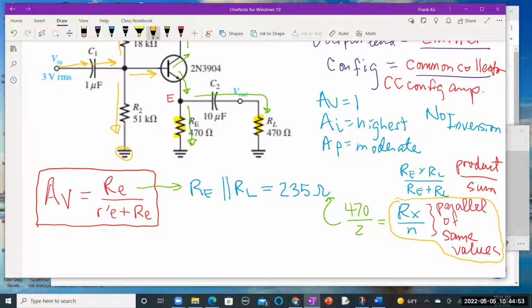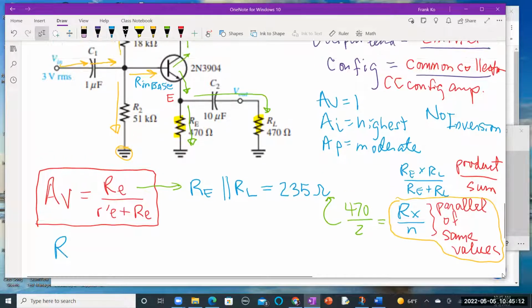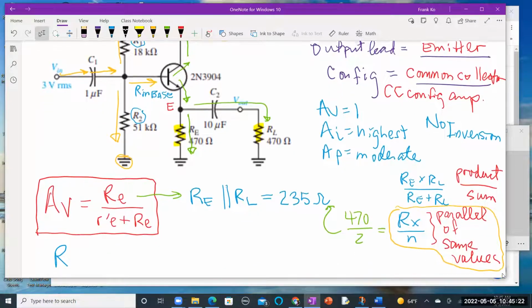Okay, now, then there is also right here a very important quantity called R in at the base. We need to know those ohms because we know R1, yes, we know R2, but we need to know R in base because that's the third part of how the current splits on the left-hand side.